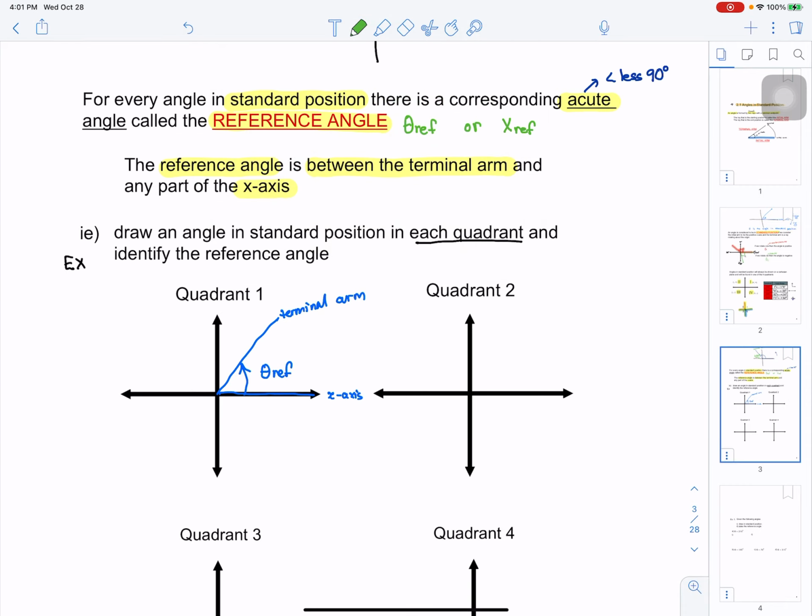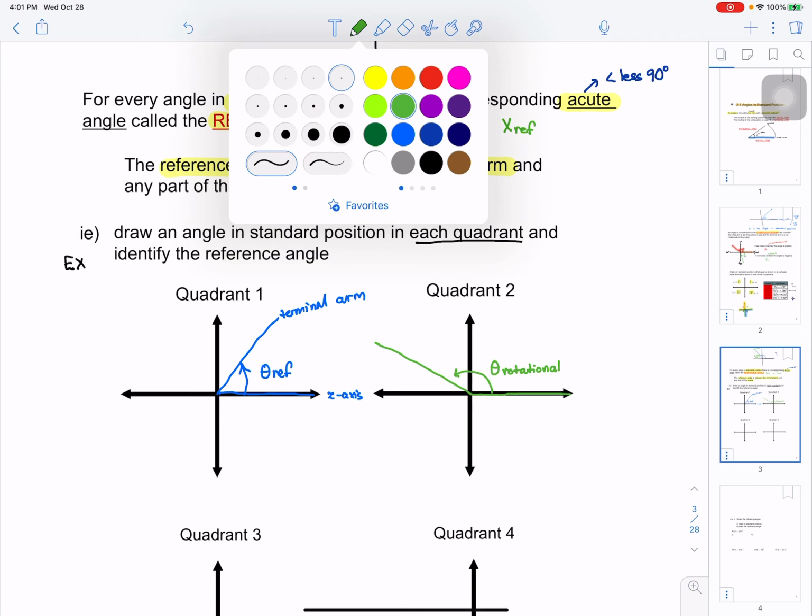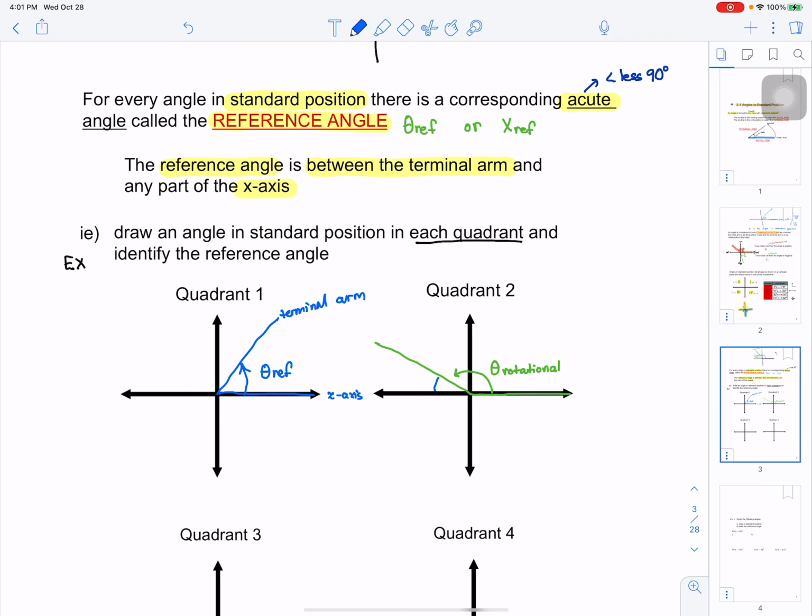If I was in quadrant 2, it means my angle starts on the x-axis, and I keep moving all the way till I land in quadrant 2 in a counterclockwise direction. Over here, this is my rotational angle, the theta rotational. That's how much I rotated. But my reference angle would be the angle between the x-axis and the terminal arm that forms an angle that's less than 90 degrees. So this would be my reference angle.